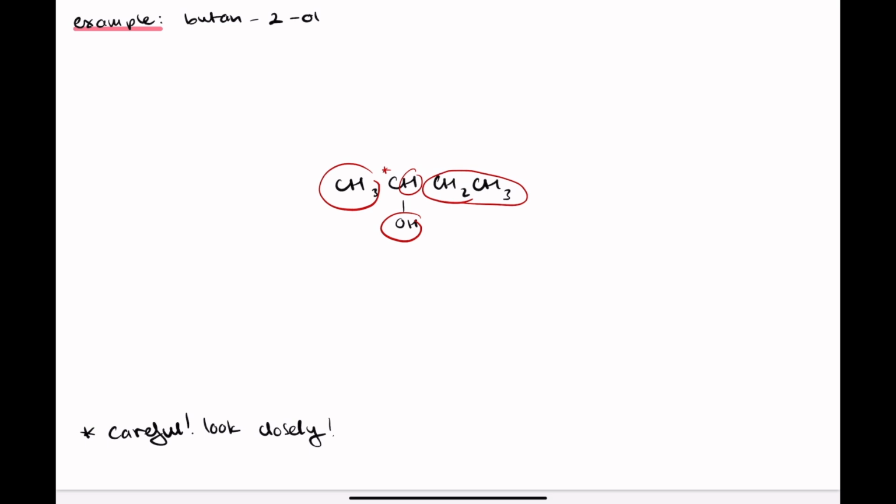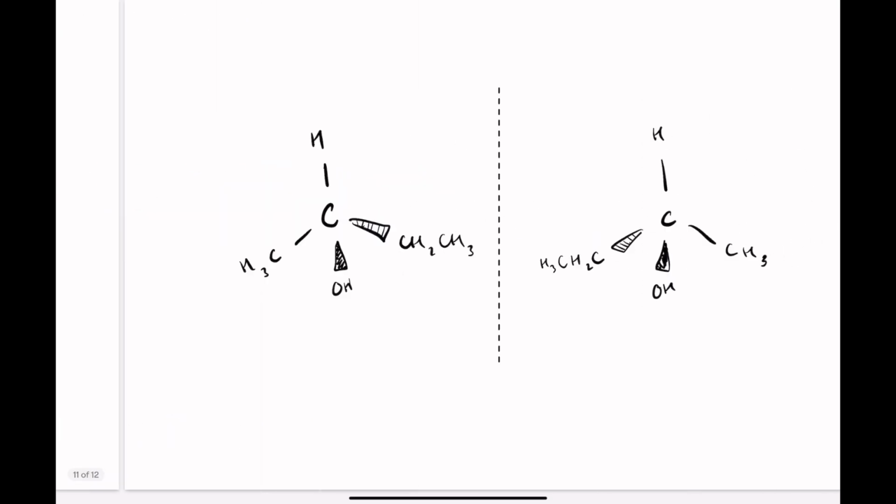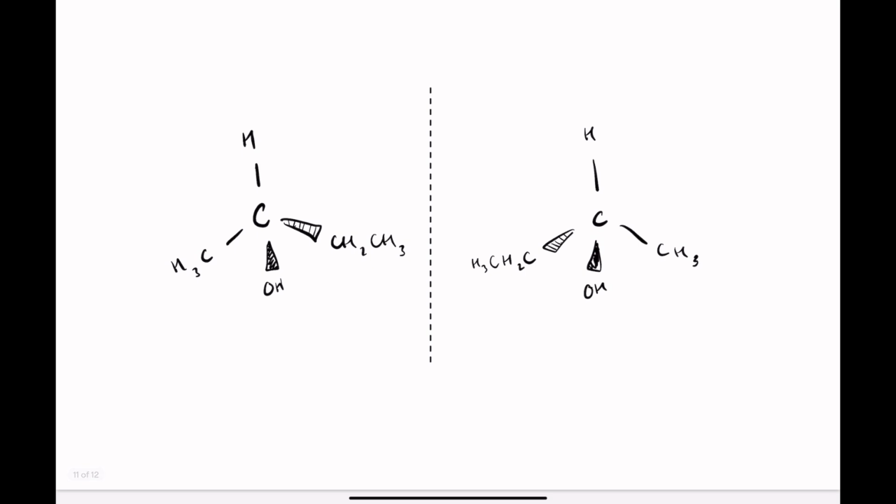So now I challenge you to draw this in its 3D structure and draw the 2 enantiomers. So I hope you have done that. Of course there are different ways that you could place these oppositely, but this is just how I have drawn it.